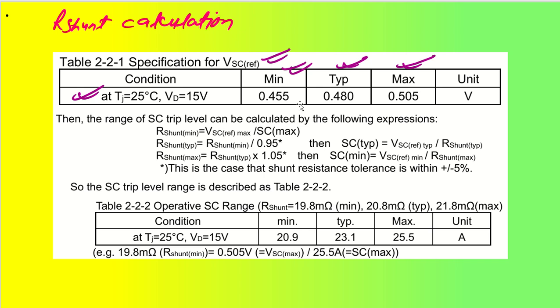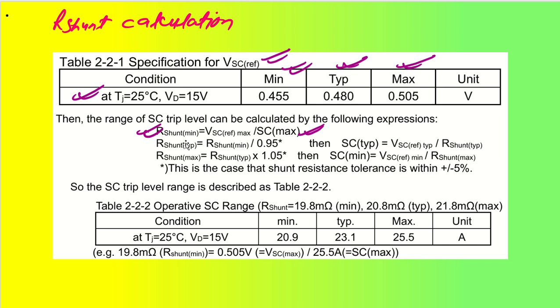We will have our shunt resistor also with a minimum value, typical value and maximum value corresponding to the short circuit reference voltage. To get the minimum value of the shunt resistor, we divide by the short circuit maximum reference voltage, with the short circuit maximum current.